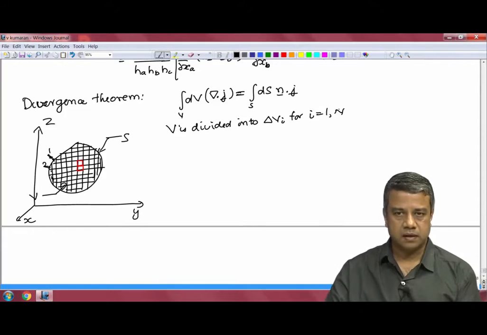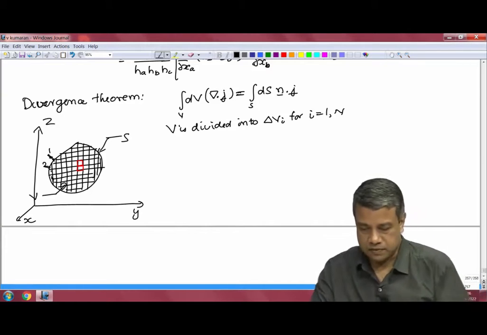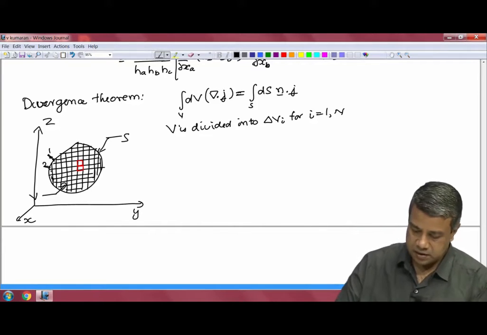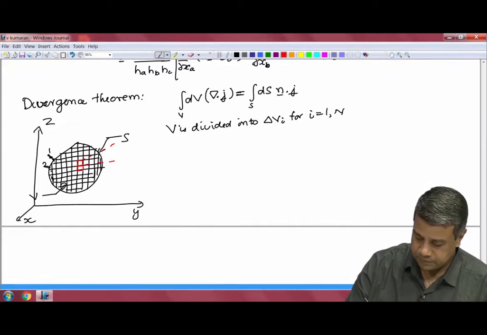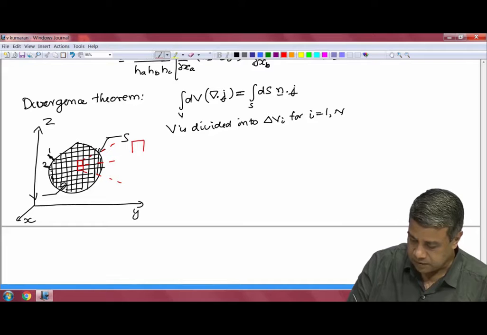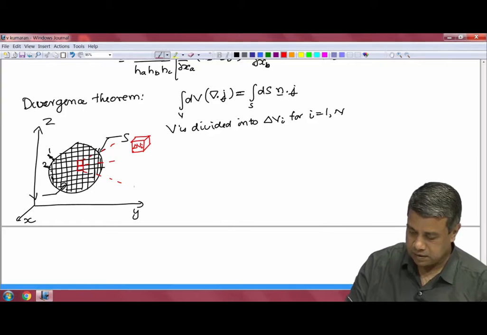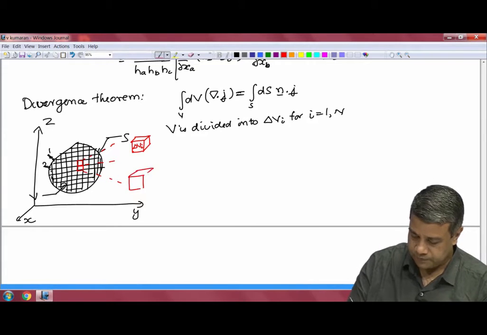The total number of volumes i goes from 1 to n. If I take two typical volumes, I have one volume here, delta V i, and the second volume delta V i plus 1.